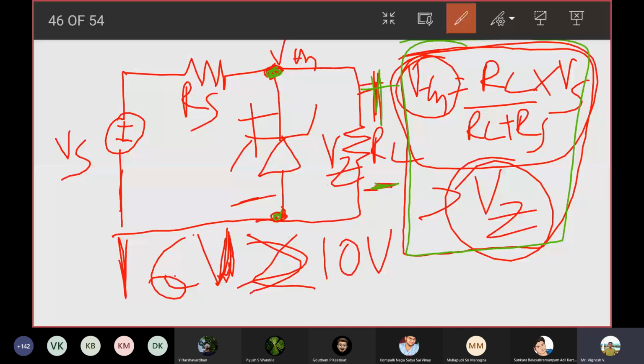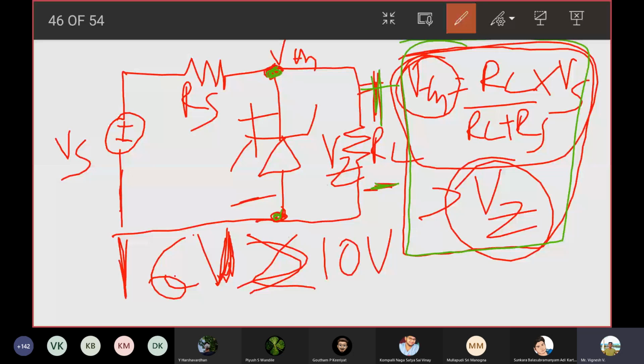It need not be that your load resistor is a constant value. It can so happen that the load resistance varies. Obviously, your VS and RS are constant values.